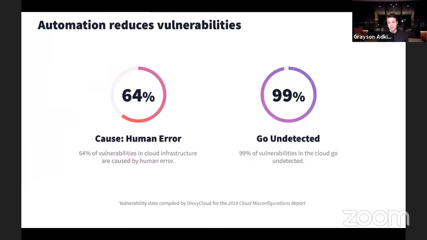So automation, I like to show these statistics. Automation reduces vulnerabilities. I really can't drive that home enough. 64% of vulnerabilities in the cloud are caused by human error, and 99% of all cloud vulnerabilities go undetected. Probably don't have to remind everybody about the constant hacking and data breaches that happen all the time.